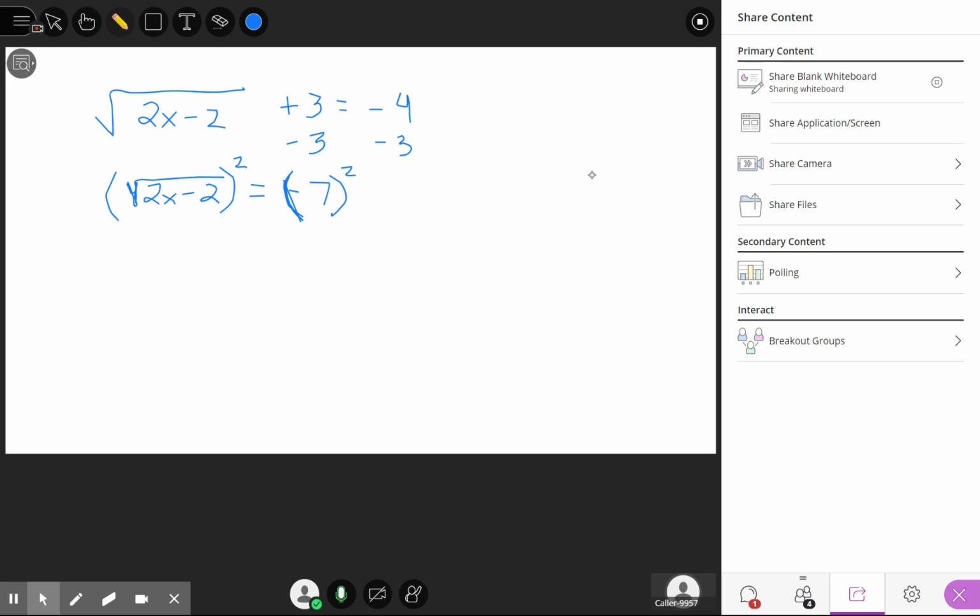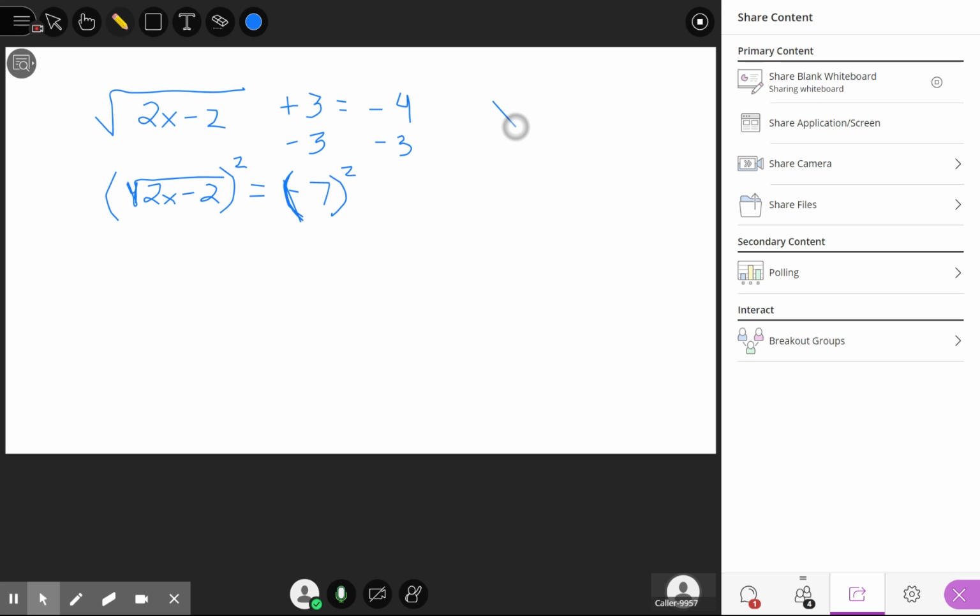But that may introduce an impossibility, because remember, you can't get a negative out of a square root. There's no negative times itself that would give you the square root of some negative number.